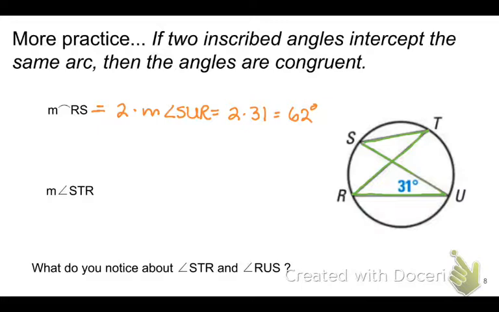STR and SUR both have this arc for both those inscribed angles. Since they share the same arc, their angles are the same measure, so angle STR is equal to 31 degrees because they share that same angle. So what do you notice about angle STR and angle RUS? Obviously they are congruent.